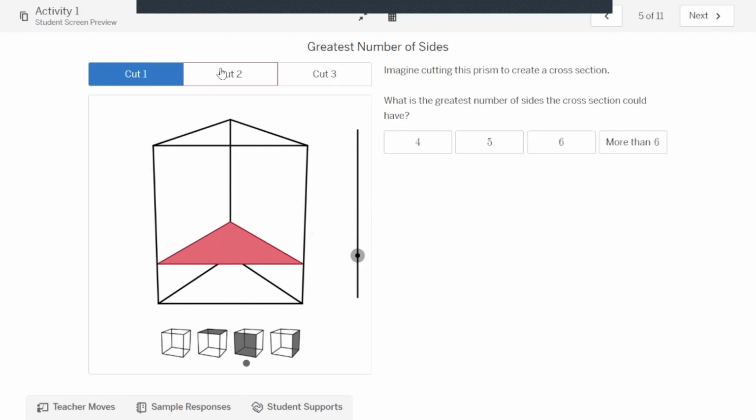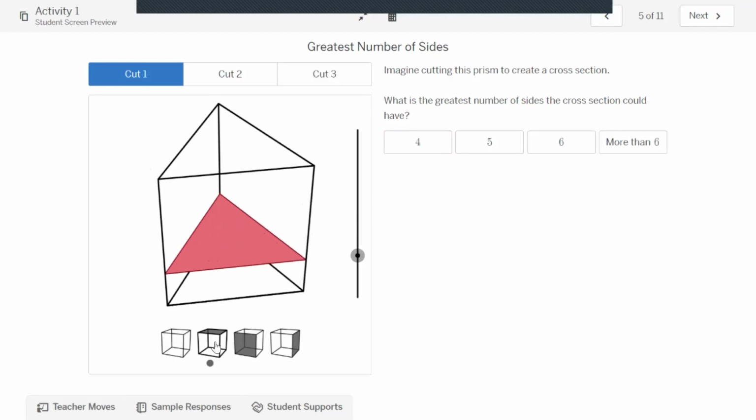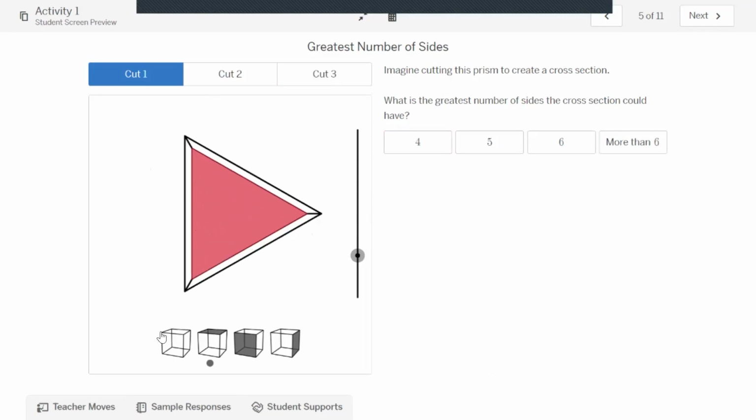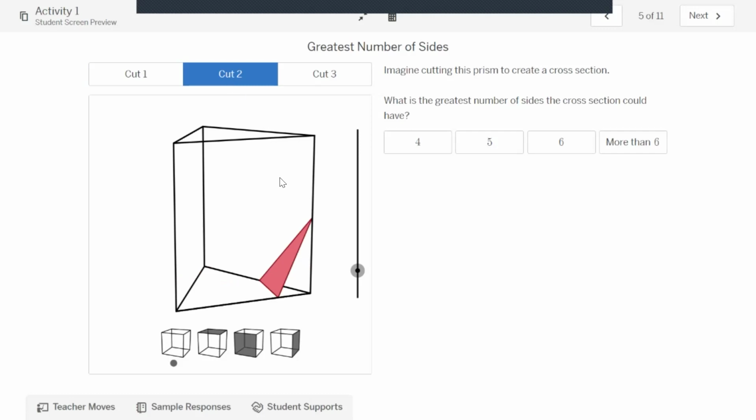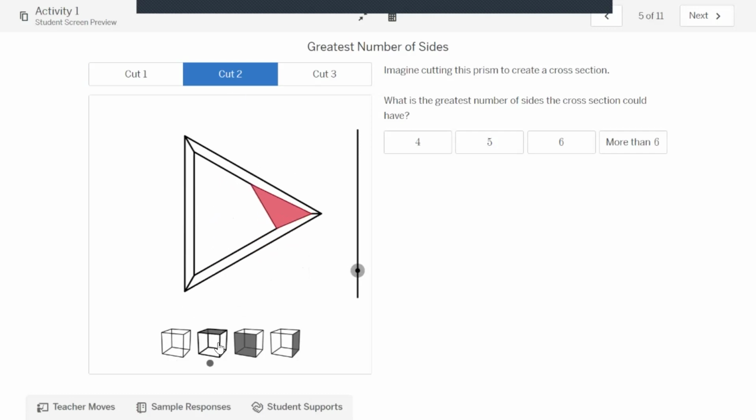All right. Oh, hmm. Yeah, I don't know. Cut 2. It's a lot of stuff to do. Oh, look at that. And we get 5. Yep, we got 5 sides for this one.